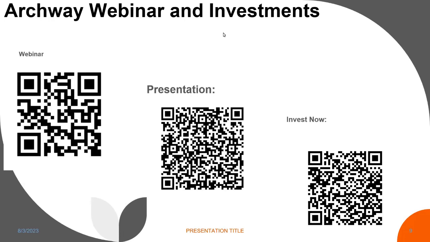Sounds good. It looks like there are no questions. Yes, we are accepting investors in this deal. Thank you so much for asking. This is a 506C deal, so it is open for accredited investors only. I'm just taking the screenshot of what I have on the screen, but the rightmost QR code is Invest Now.